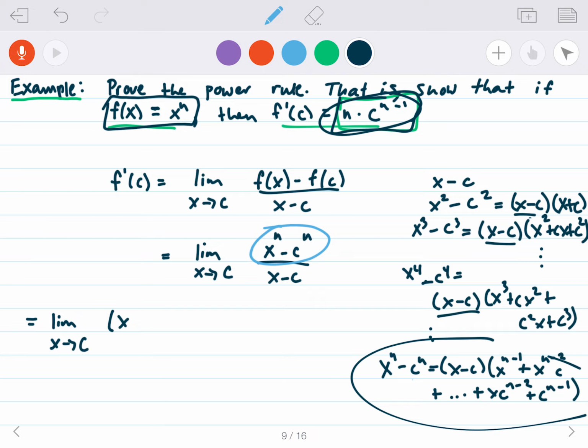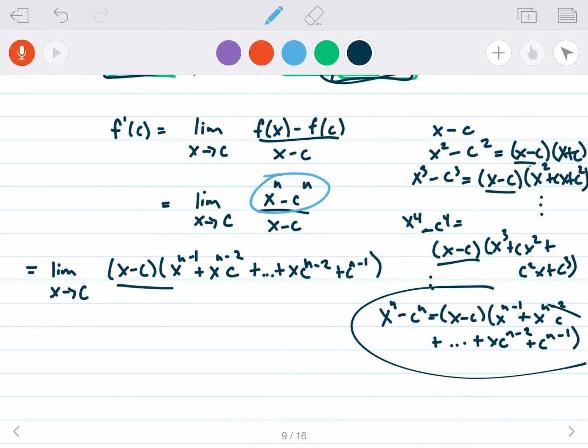So I have x minus c times x to the n minus 1 plus x to the n minus 2 times c plus dot dot dot plus x c to the n minus 2 plus c to the n minus 1. Okay, and so that's the top. On the bottom, I have x minus c, so those guys can cancel.